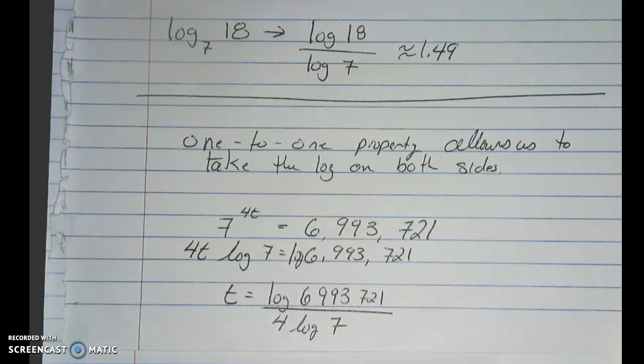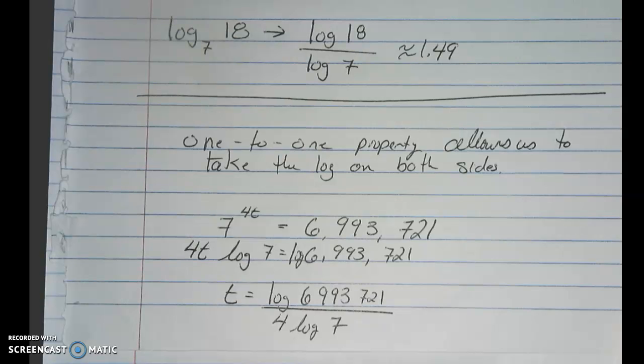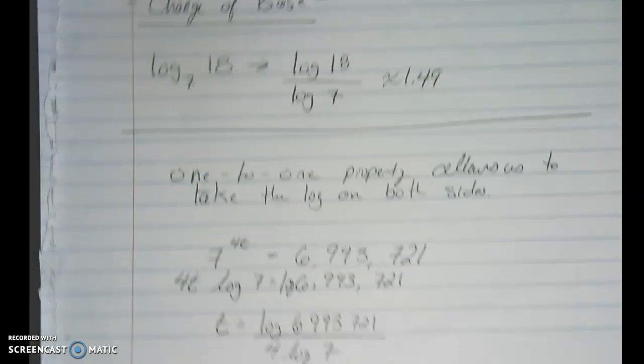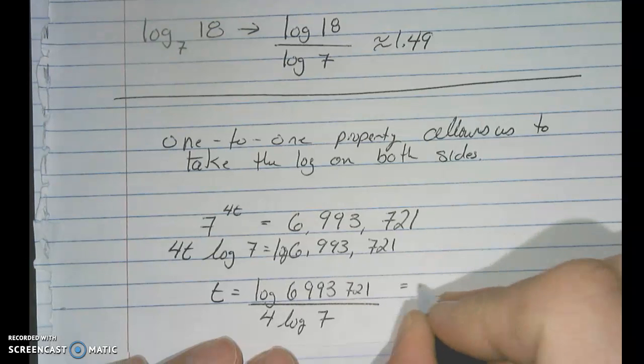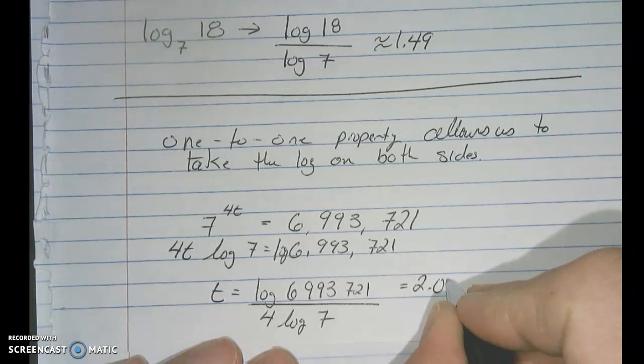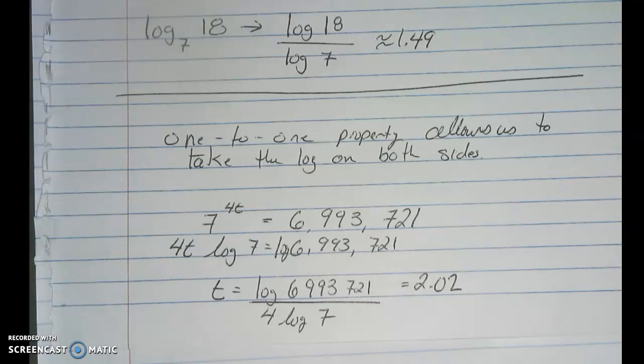Log 6,993,721 divided by 4 log 7, and we get 2.02.